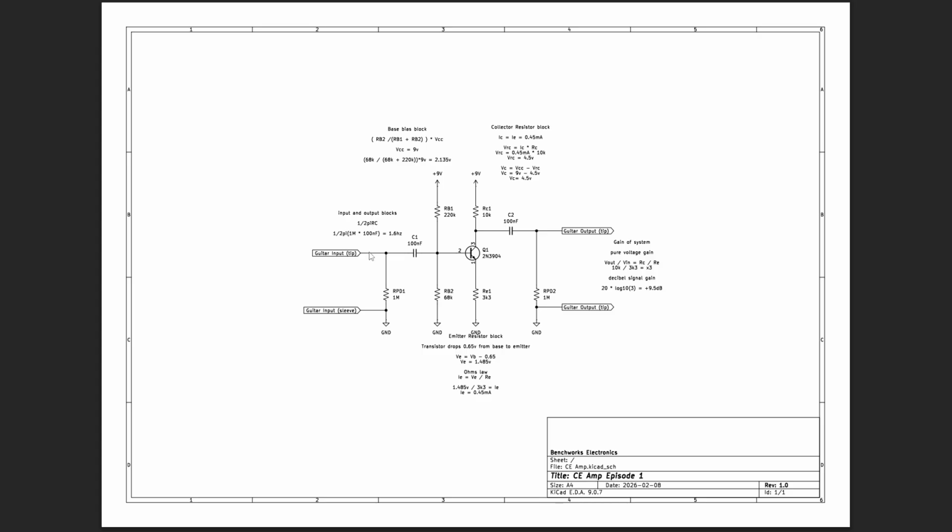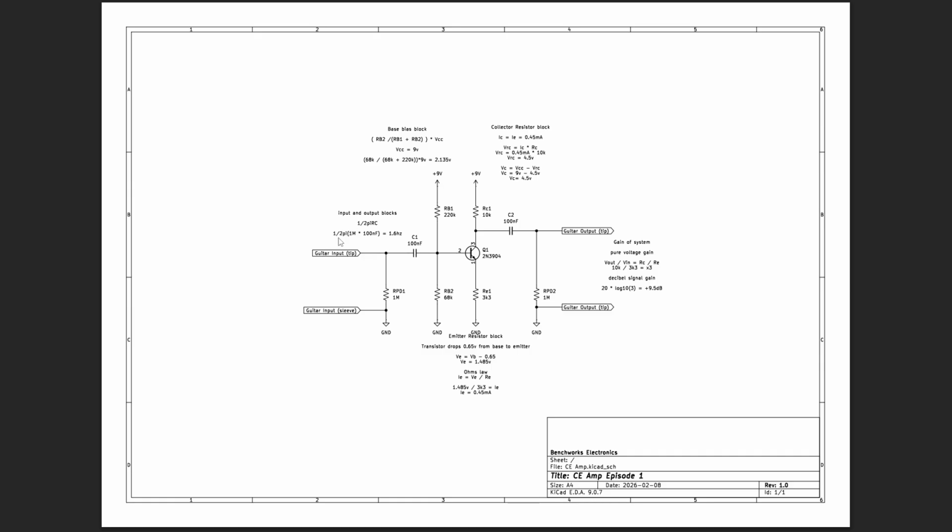But the first thing we want to look at is this little equation at the top here that says input and output blocks. This is going to let us work out what the frequency that we're letting through and the frequency that we're cutting out is. This applies to C1 and RPD1 and also C2 and RPD2.